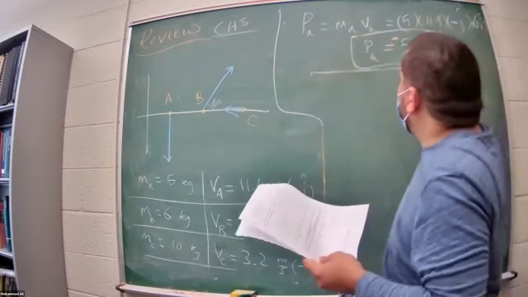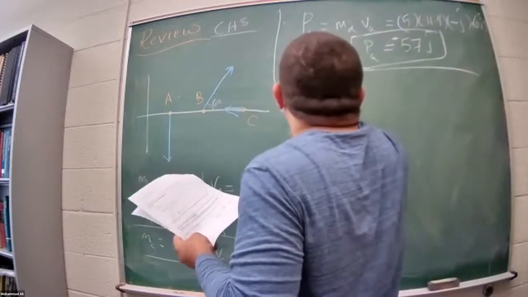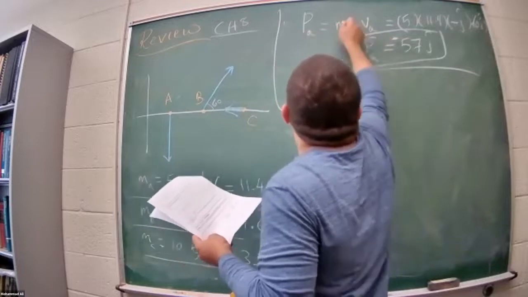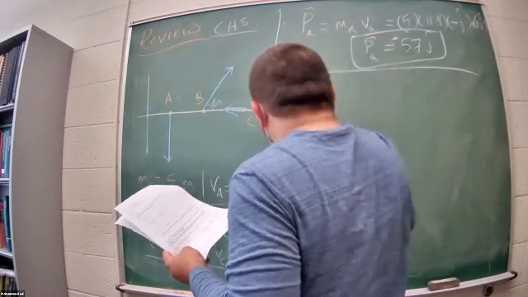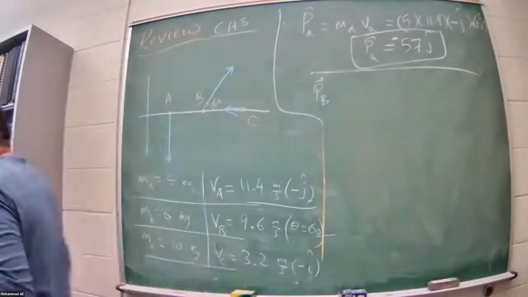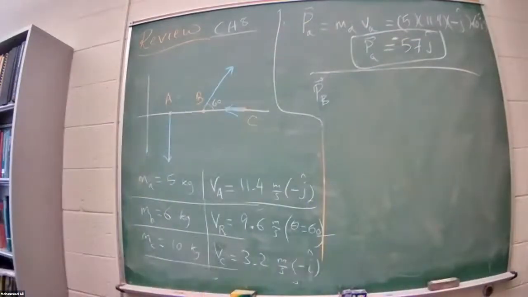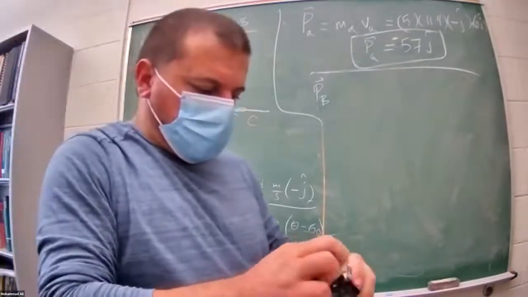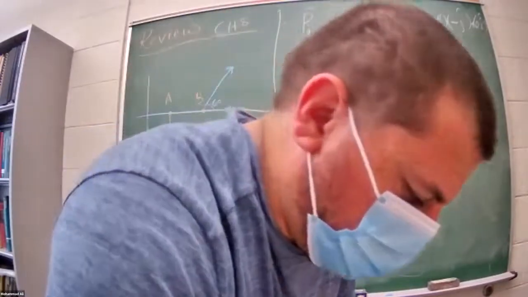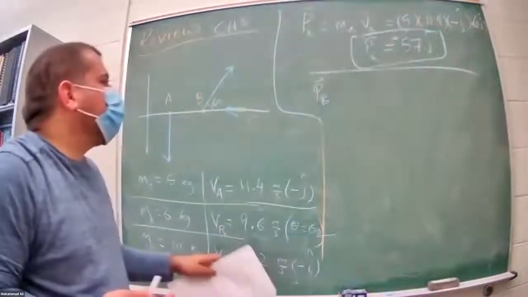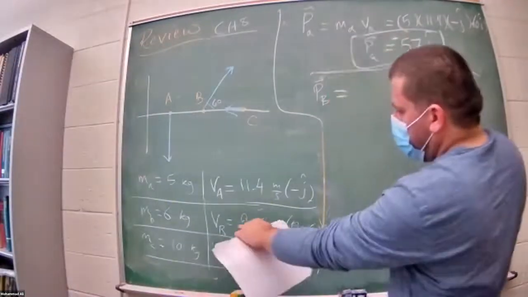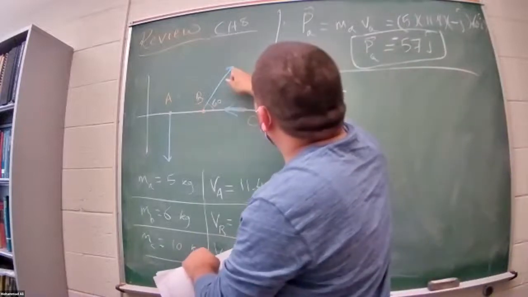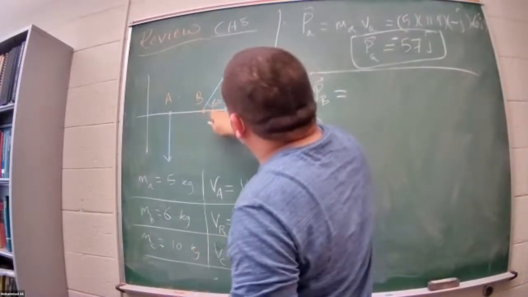What about PB, I'm sorry. This is as a vector. Okay, PB, which is equal to, B has X and Y component.